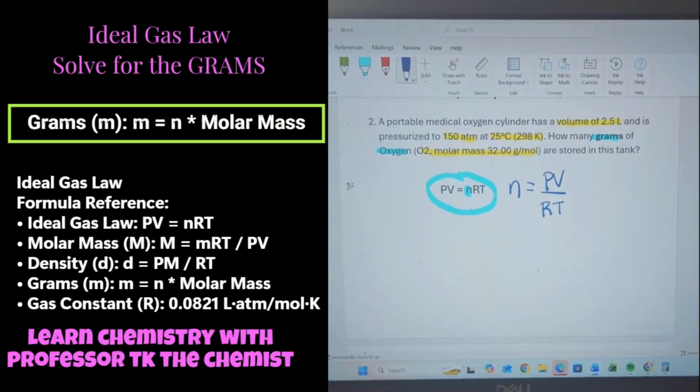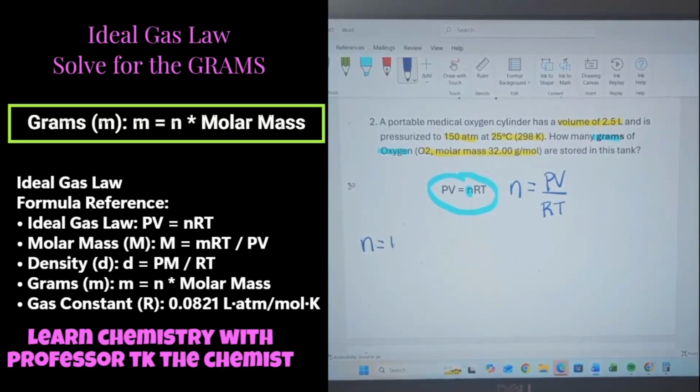Because they are giving you 4 numbers that you have to follow. The pressure that they gave you was 150 atm. So I'm going to plug that in first. And then the volume that they gave us was 2.5 liters.